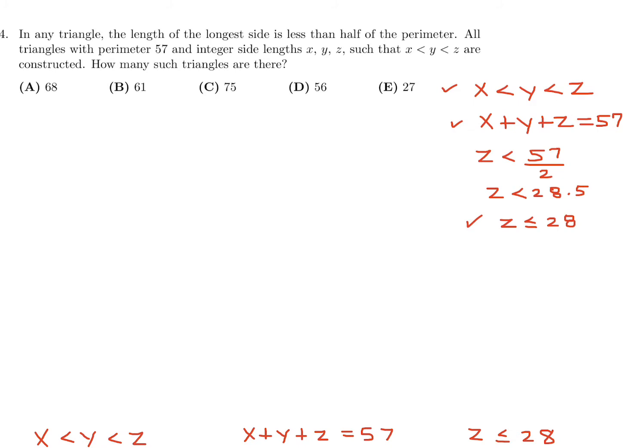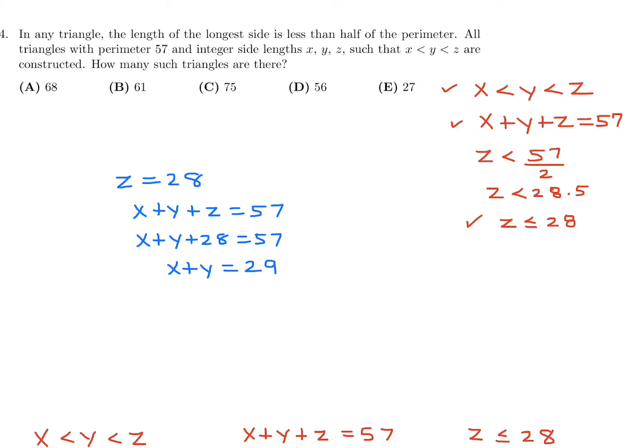Since x plus y plus z is 57, if z is 28, plug that in, and we therefore get that x plus y must be equal to 57 minus 28, which is 29.